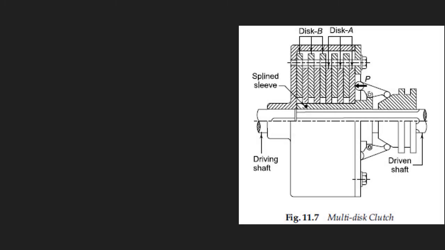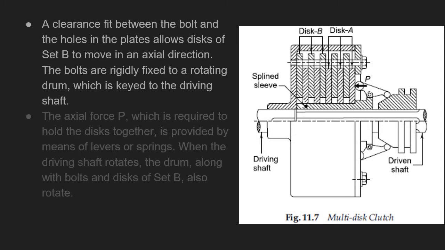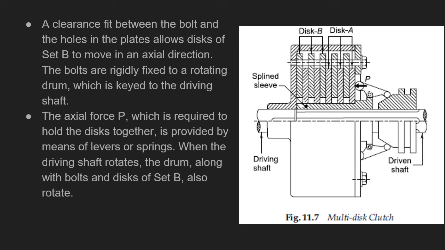All right, so as I was explaining in the previous slide, you have a bolt that passes through the holes on disc B, and since there is a clearance fit between the bolt and the holes in the disc, the set B can move in the axial direction, right? And the axial force P, you can see that there is a force that is exerted on the disc, especially on disc A, by means of levers or springs.